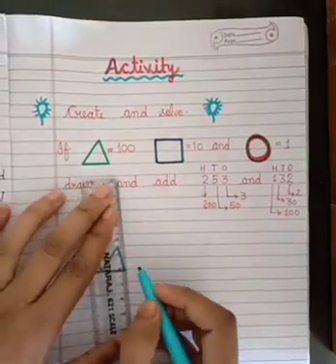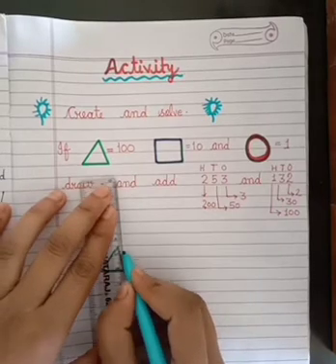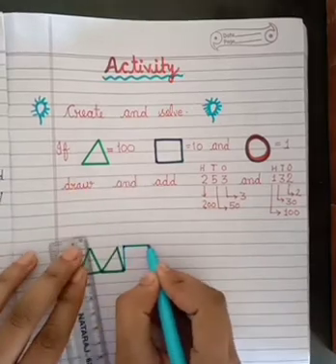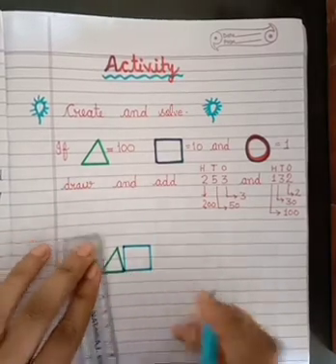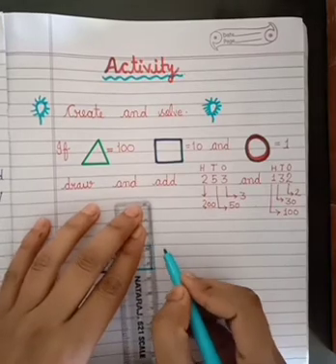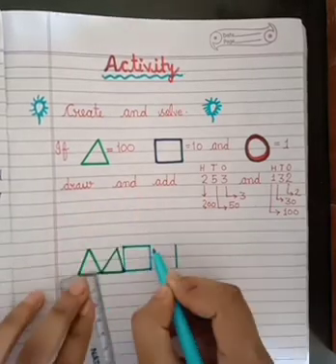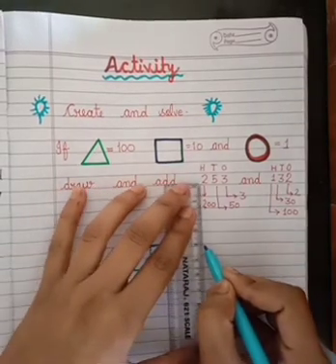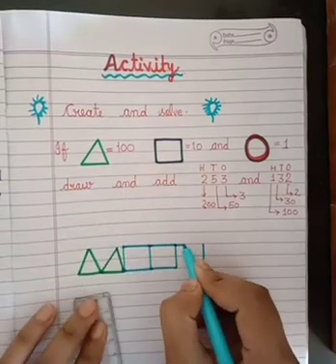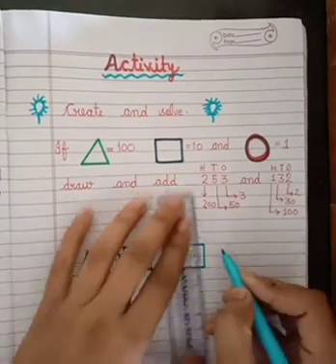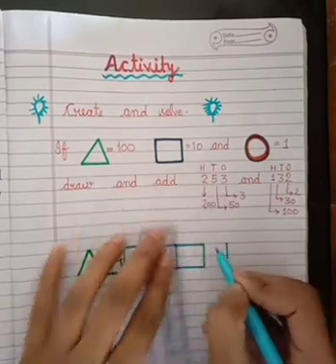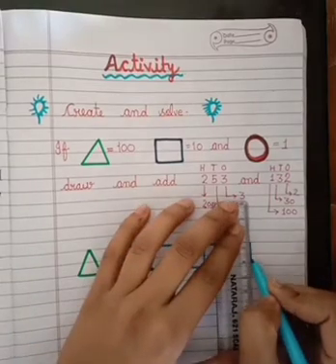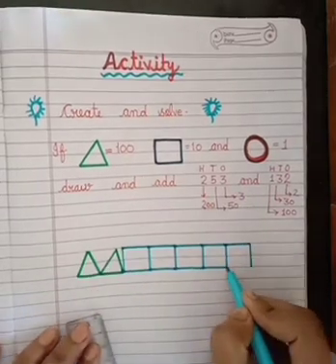So we will draw squares like this. 10, 2 squares is 20, 3 squares is equal to 30, 4 squares is equal to 40 and 5 squares is equal to 50.